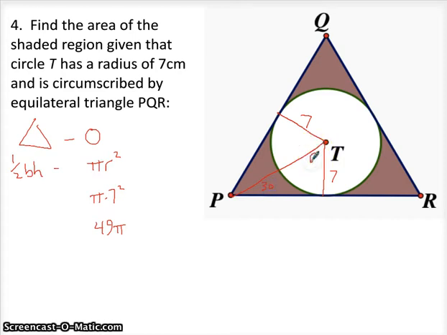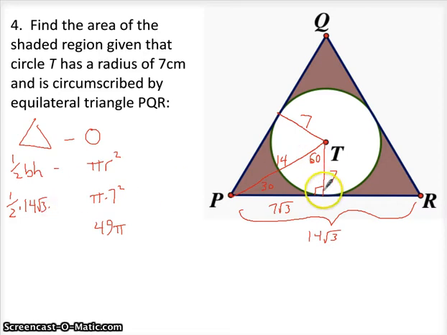So I'm looking at a 30, 60, 90 triangle with a short side 7. Oh, good, the short side 7. So that means long side's 14. The other side is 7 square root 3. This entire base then is just 2 of those. 14 square root 3. Okay, so that's half the battle. I just figured out that the base of this is 14 square root 3.